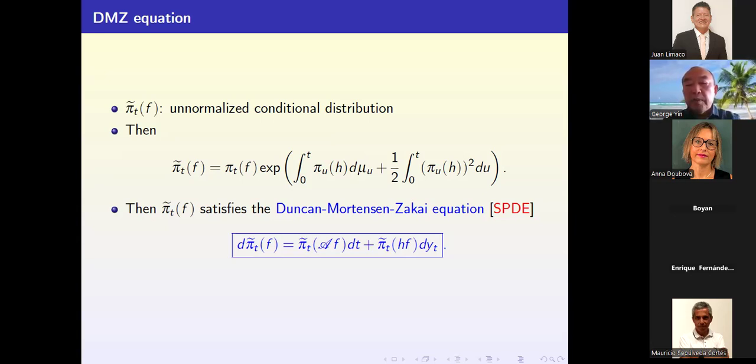This stochastic PDE is now named the Duncan-Mortensen-Zakai equation. I will say a few words about the origin of this. This equation is given by the following differential equation. Again, it involves a partial differential operator. I wrote it in a simpler way, but if you write it out, you see the PDE part comes out.